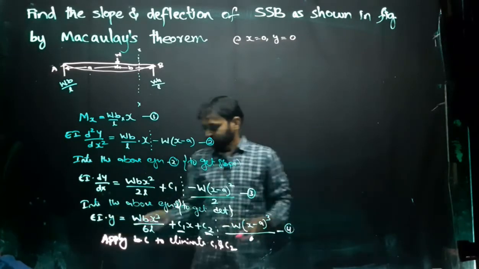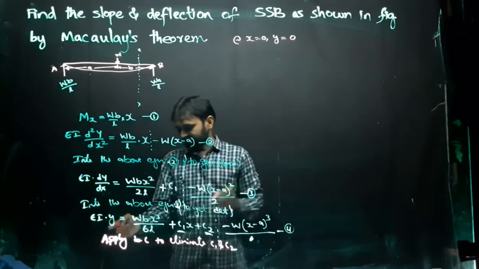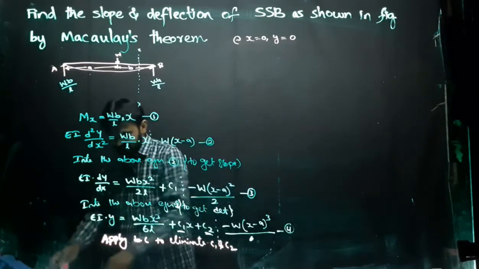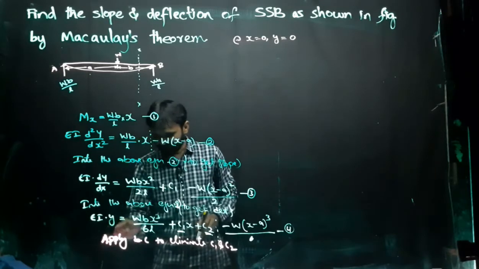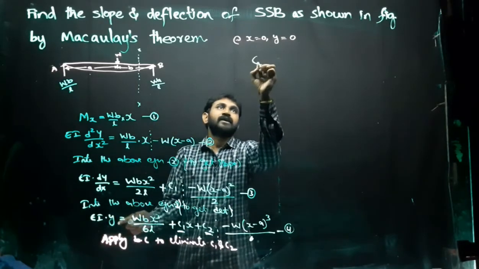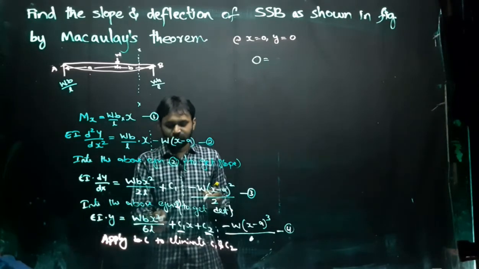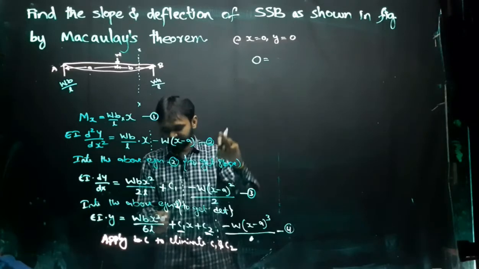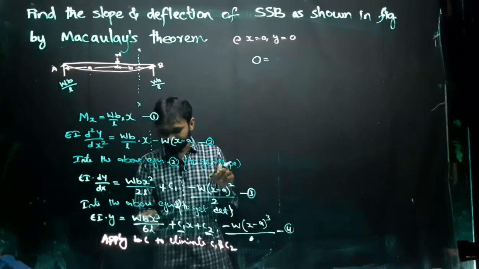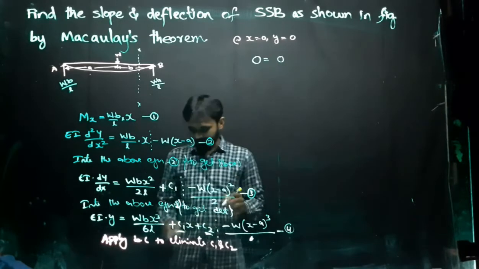Now what will I get? I am substituting y is 0, so A into y is 0, and the entire term became 0. And W B x cube, what is x here? x is also 0, so 0 by something is 0. I got 0.